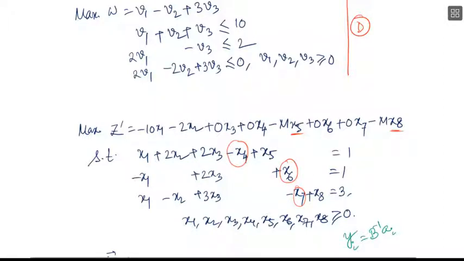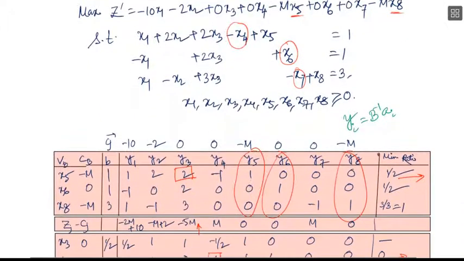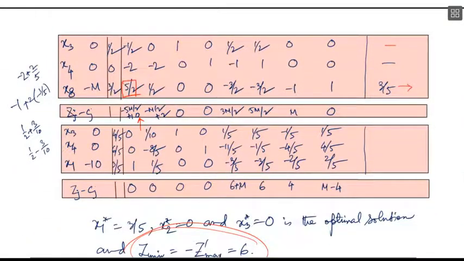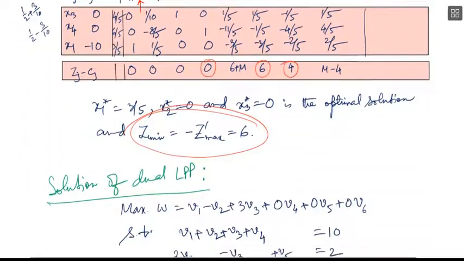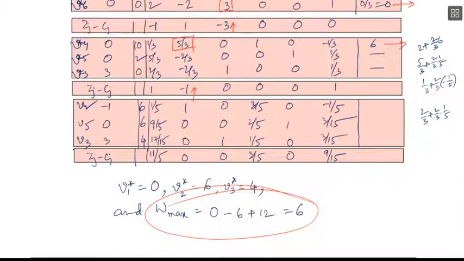So we see the value of the Zj minus Cj's corresponding to these three variables, x4, x6 and x7, that is z4 minus c4, z6 minus c6, and z7 minus c7, this one, 0, 6, 4. And you see these are the solution of the dual problem.